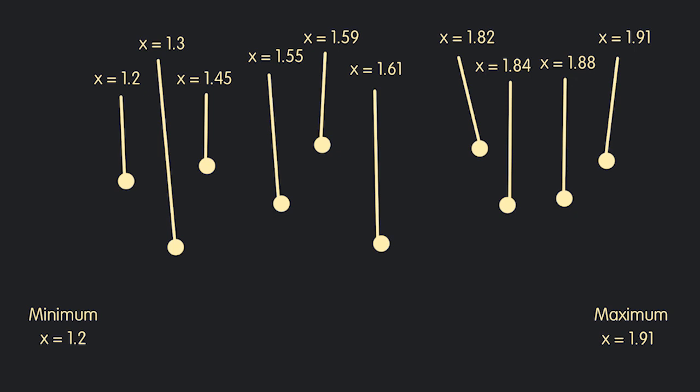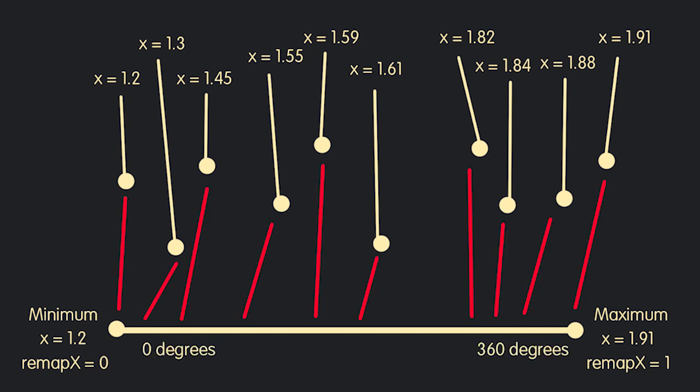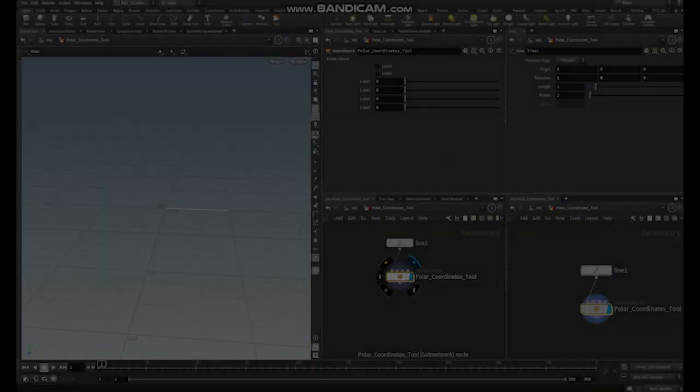We then get our current points and remap each point's x and z values to the minimum and maximum that we've found before. This would in turn return us a 0 to 1 value. With this new normalized value, we can then remap it to 0 to 360 degrees or whatever maximum rotation you allow it.